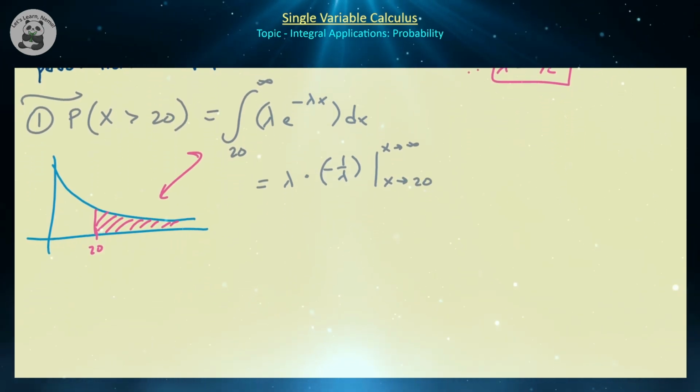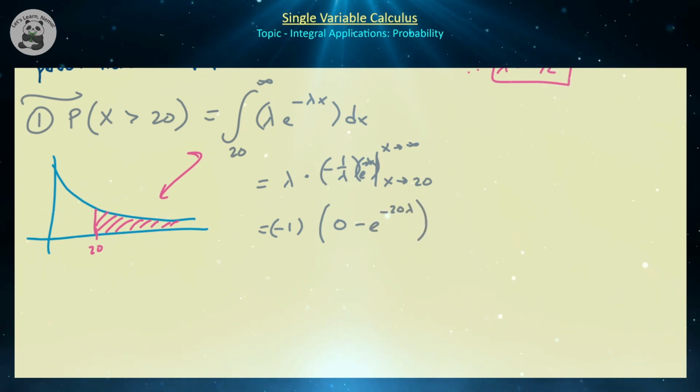So as usual, this lambda times minus 1 over lambda will cancel into a minus 1, and then we're going to have 0. Oh, where'd my e to the minus lambda x go? So we're going to have 0, and then minus e to the minus 20 lambda. So once we simplify that, that's just going to be equal to e to the minus 20 lambda.